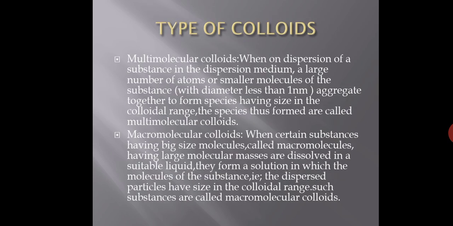Now coming to the types of colloids, another classification is on the basis of the types of particles. Basically we have multimolecular, macromolecular and associated colloids. Multimolecular: when a substance is dispersed in the dispersion medium, a large number of atoms or smaller molecules whose diameter is less than 1 nanometer, that means crystalloids, aggregate together in the dispersion medium to form a species having size in the colloidal range.